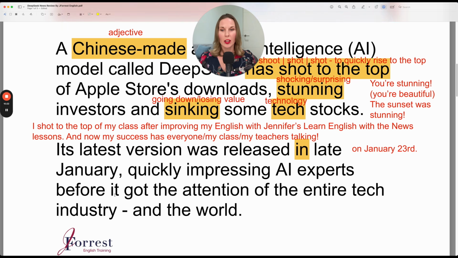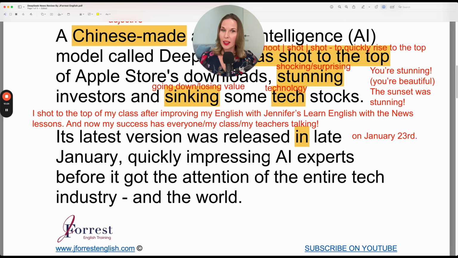So in late January, quickly impressing, you could say stunning. Perhaps it's not the exact synonym, but it has a similar meaning. Wow, wow. Because when you're stunned, you say, wow. But impressing is always positive, whereas stunning, something can be stunning because it is more of a negative as well. So in this case, impressing is always positive, but stunning can be positive or negative depending on the context.